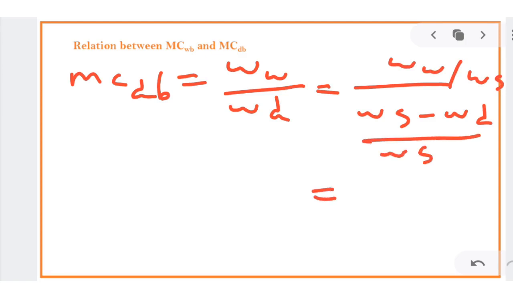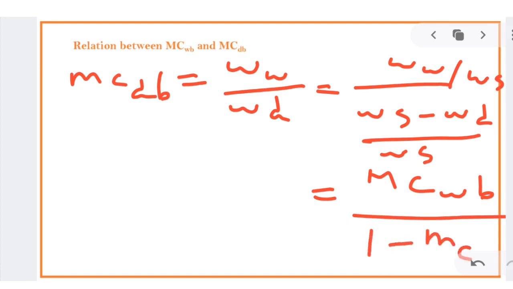We know that the ratio of weight of water to weight of sample is moisture content on wet basis. So the above formula will become moisture content on wet basis divided by 1 minus moisture content on wet basis.